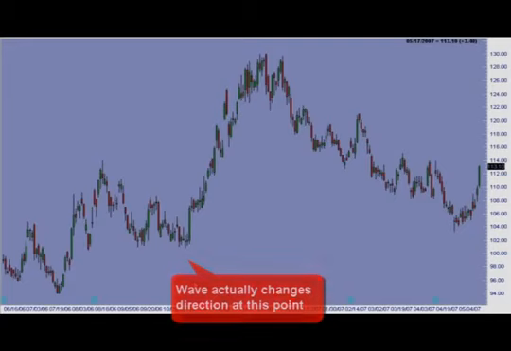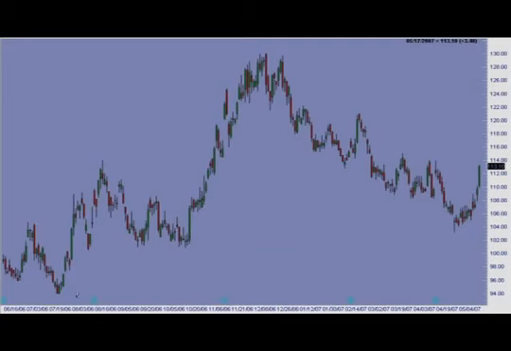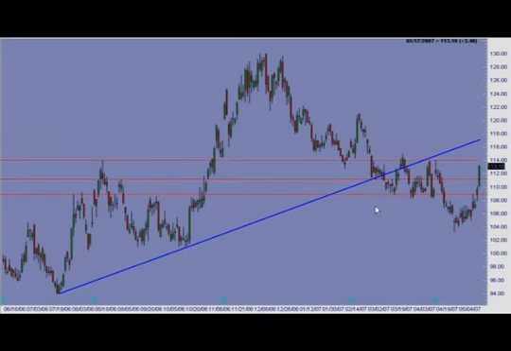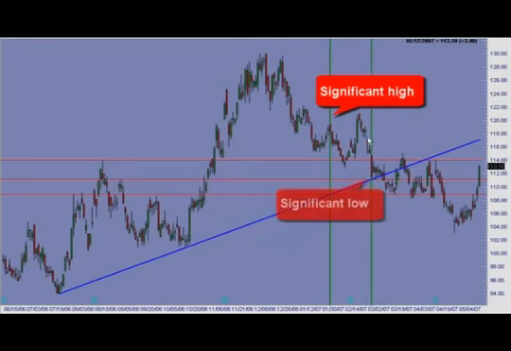In other words, I can take this pattern here using a prior low and simply joining it with that and determining reversals. And I can join up a couple of these highs along with it. And what I come up with are reversal signals that tend to be rather significant. For example, here we have one right here that is this high here. Here we have this low that occurred when the market dropped.